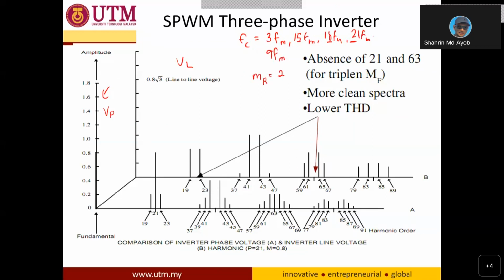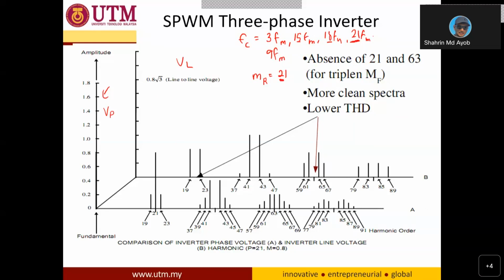So this is the spectrum when you choose your carrier frequency as 21 multiplied with FM, which is MR 21.